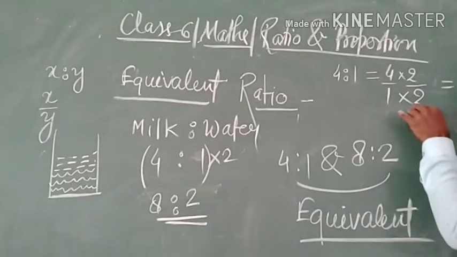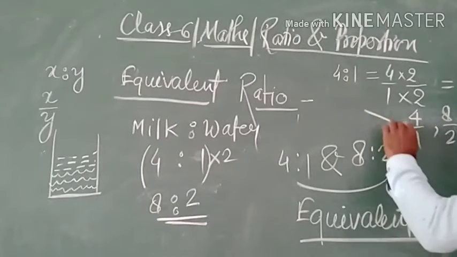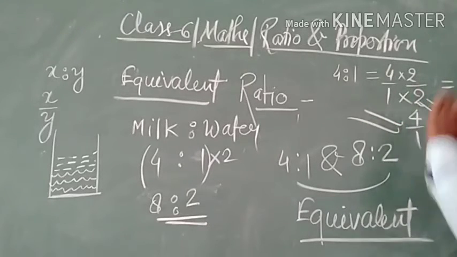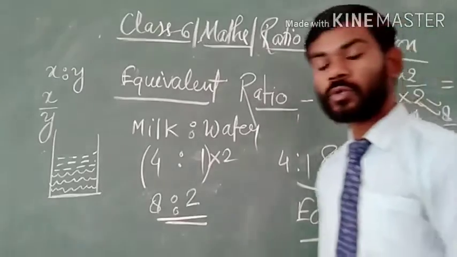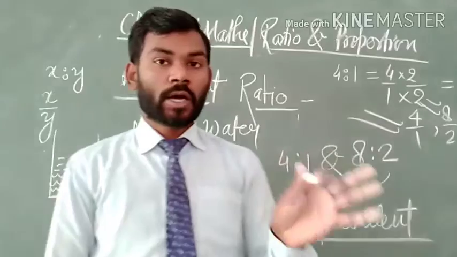Therefore our first fraction was 4 upon 1 and our next fraction is 8 upon 2. The fractions 4 upon 1 and 8 upon 2 are called equivalent fractions.